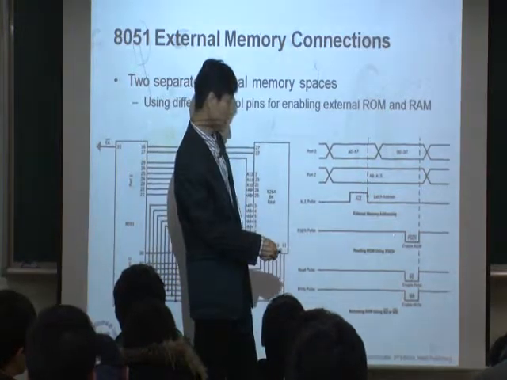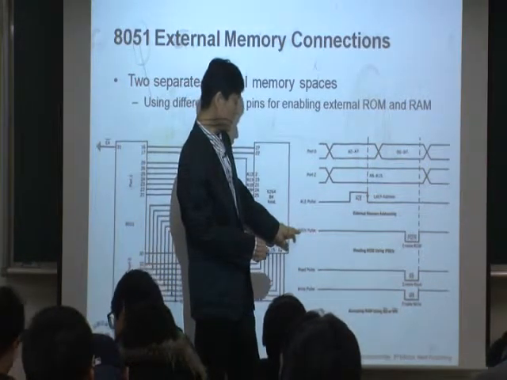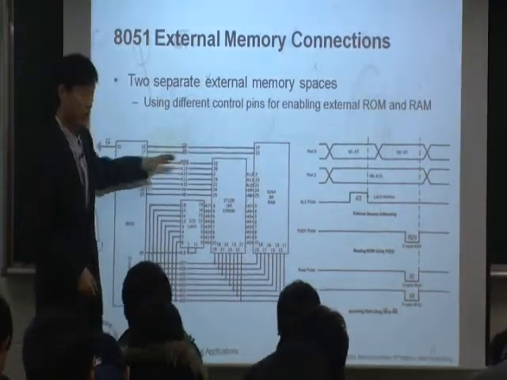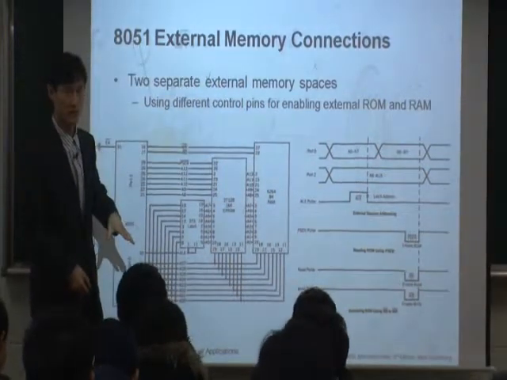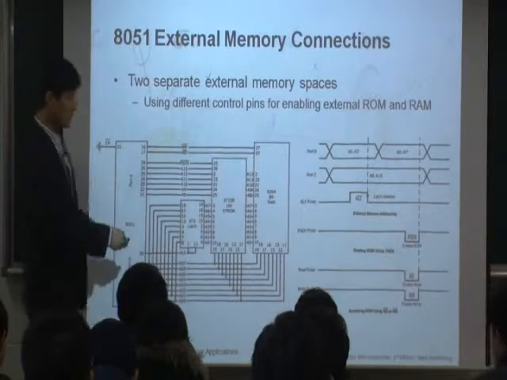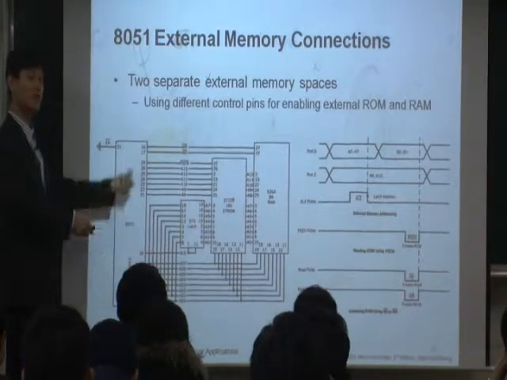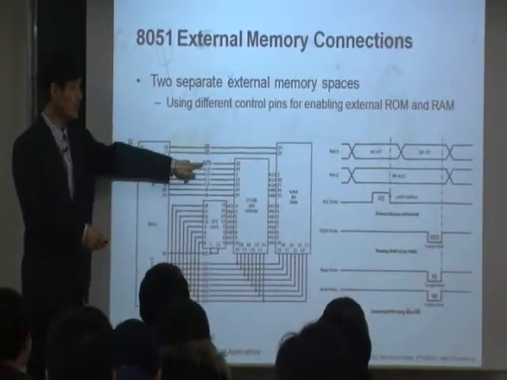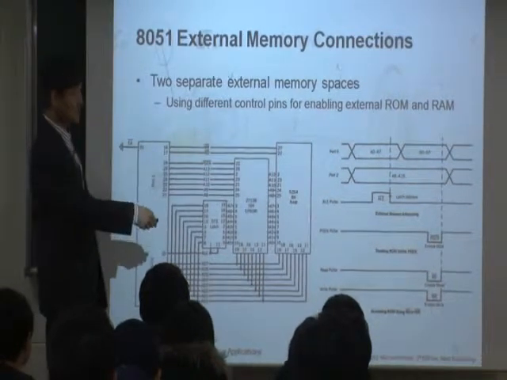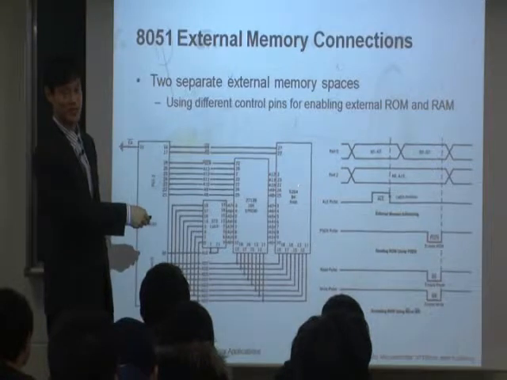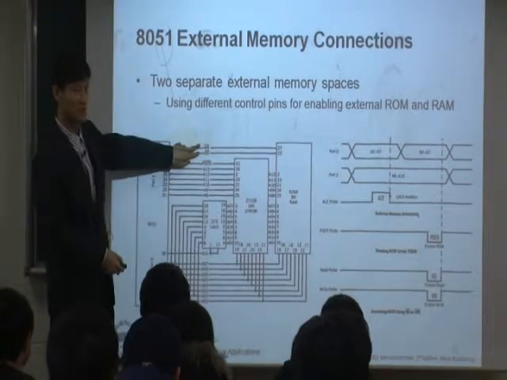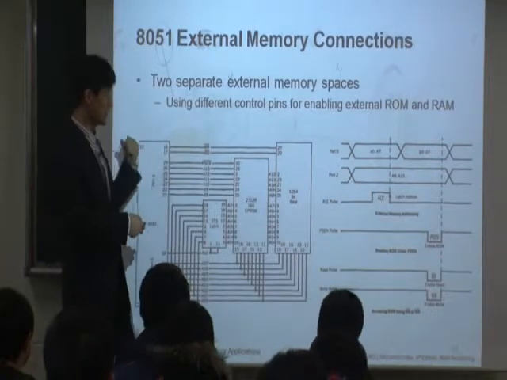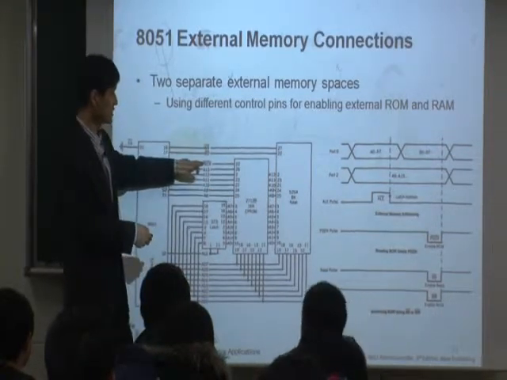Same here, this one is for ROM. You have to make it low if you want to read it. Remember, this is ROM, so you can only read, because this is read-only memory. So you only have one. But this is data memory, read-write, so you need two of them. If you want to read from EPROM, you make it low.